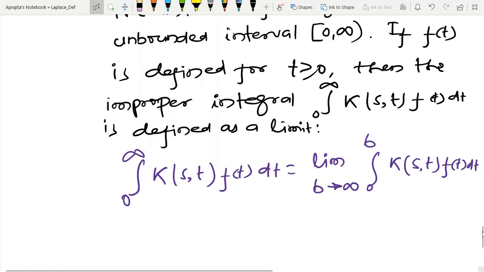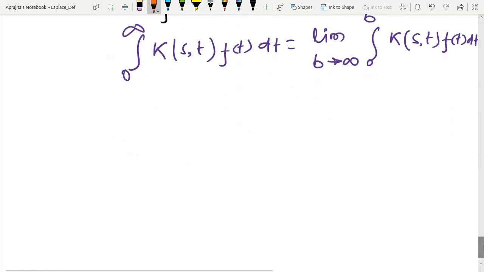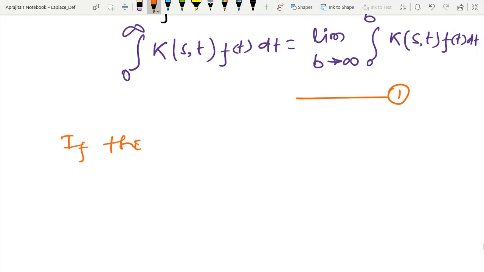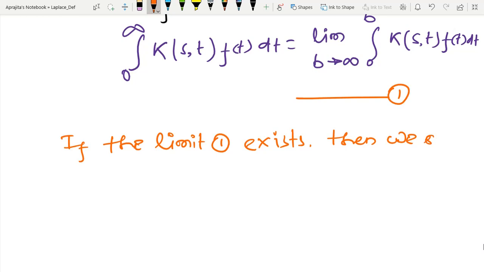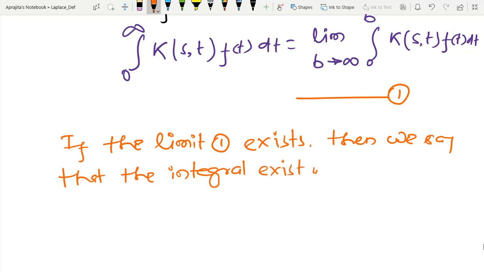If the limit exists, then we say that the integral exists or is convergent.